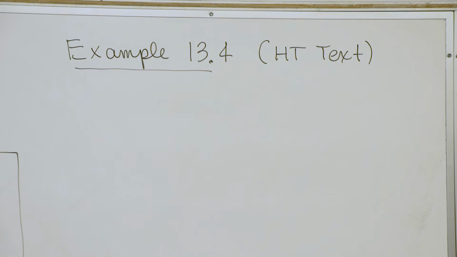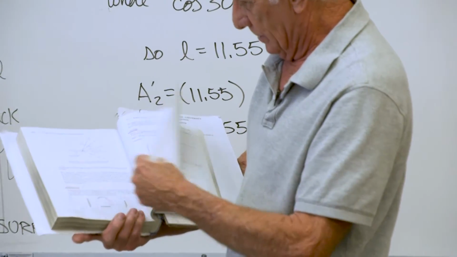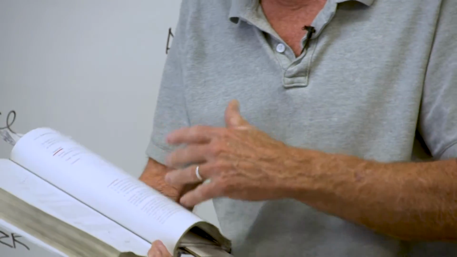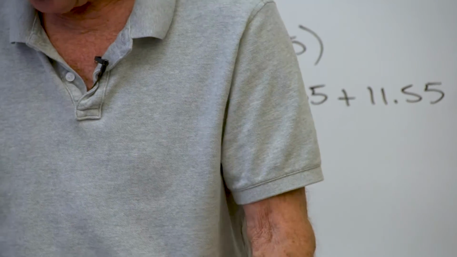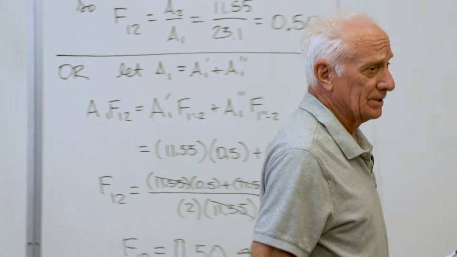If you read it in the book, here's 1 page, 2 pages, 3 pages, 4 pages, almost 5 pages. It's like 4.5 pages. That's a long example.